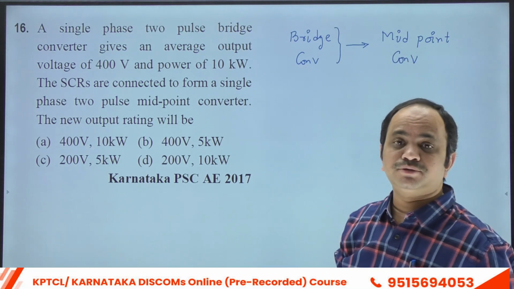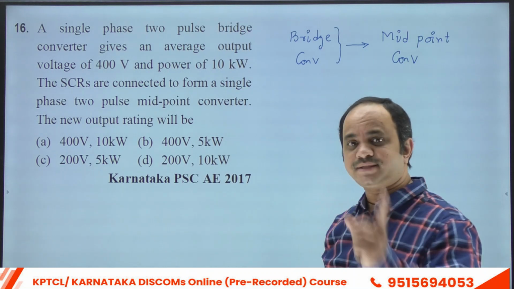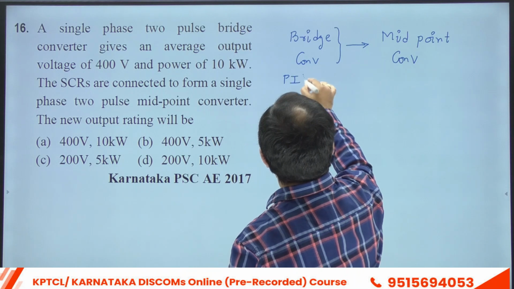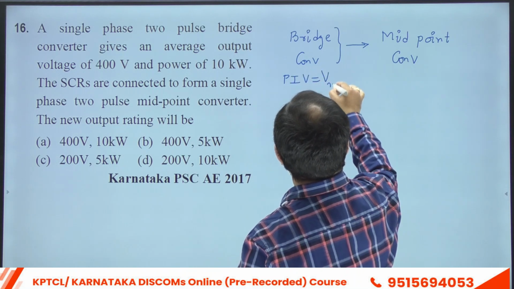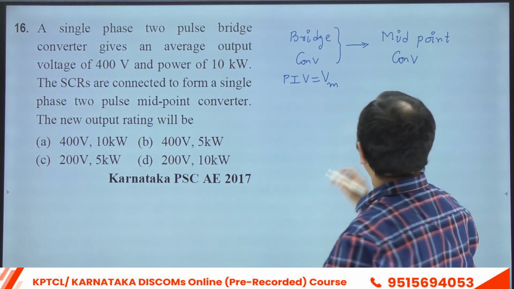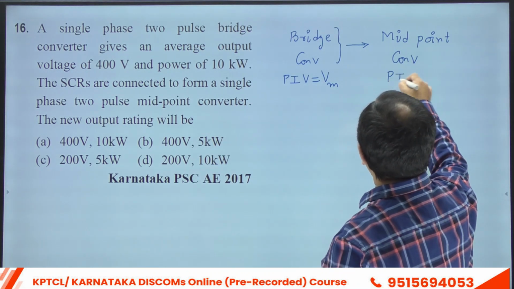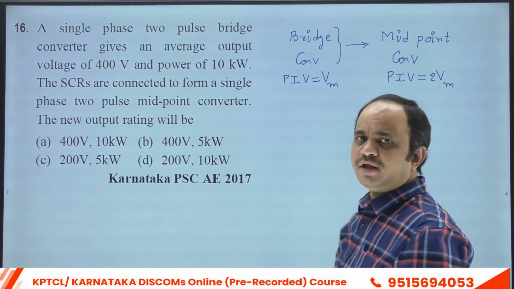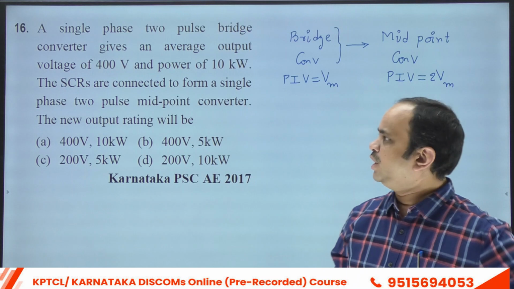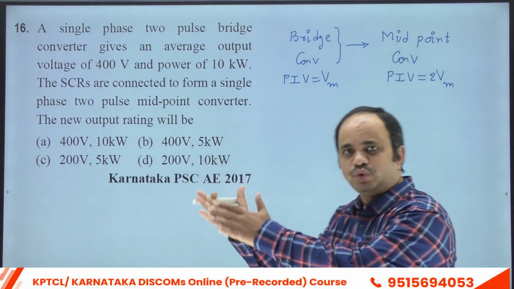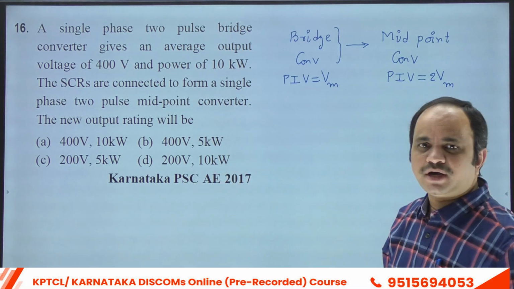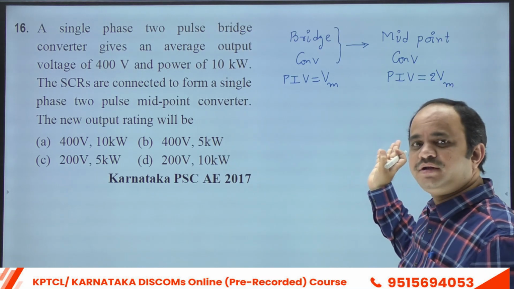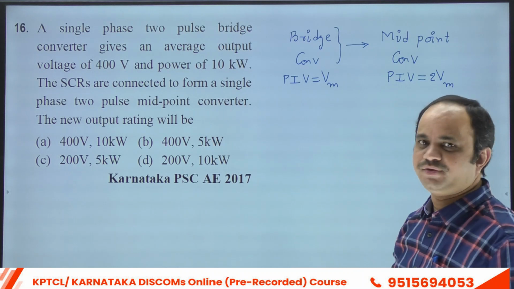The SCRs are the same. In a bridge converter, the peak inverse voltage of the devices is Vm, whereas in a midpoint converter, it is 2Vm. So as the same thyristors are used, the source voltage in the new configuration should be reduced by half, isn't it?